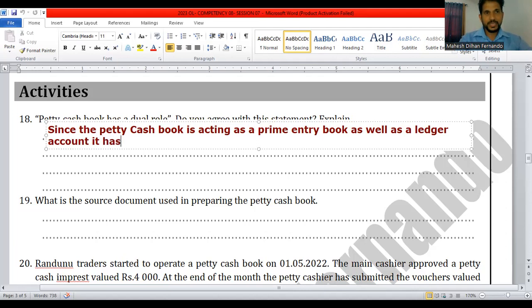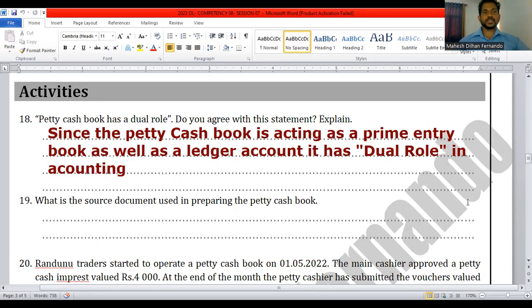It has a dual role in accounting. This is the answer: since the petty cash book is acting as a prime entry book as well as a ledger account, it has a dual role in accounting.